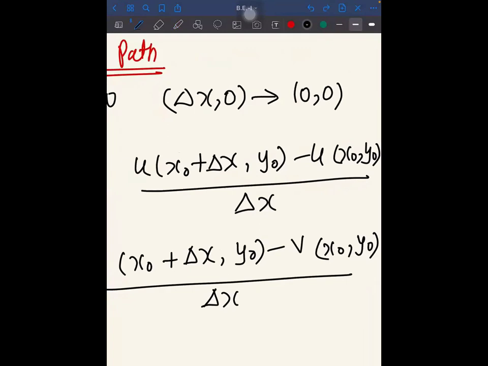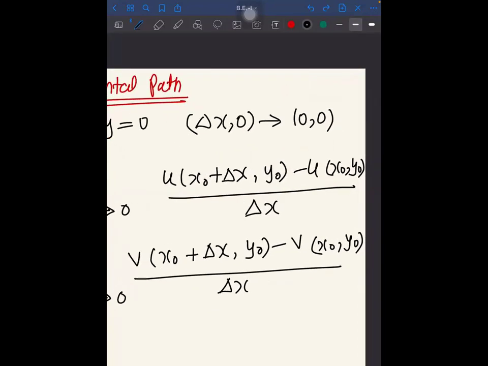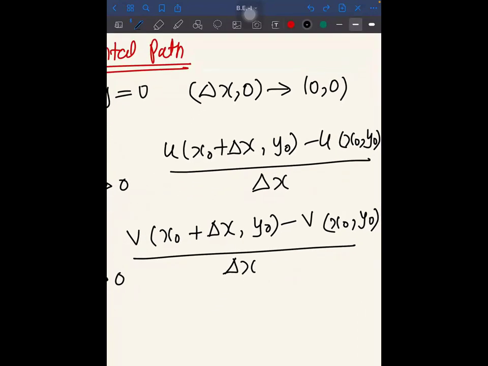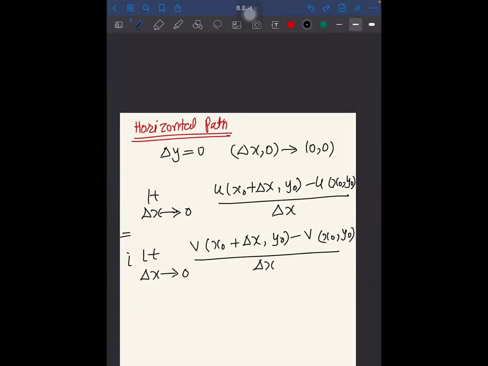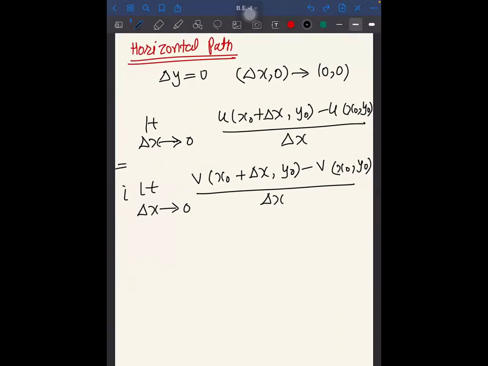Does it look like differentiation? Which kind of differentiation is it? Partial derivative, because we are dealing with two variables. u is a function of x and y, and we are checking the differentiability at (x naught, y naught). So this will become the partial derivative of u with respect to x at the point (x naught, y naught), plus iota times, and this second expression will become what?